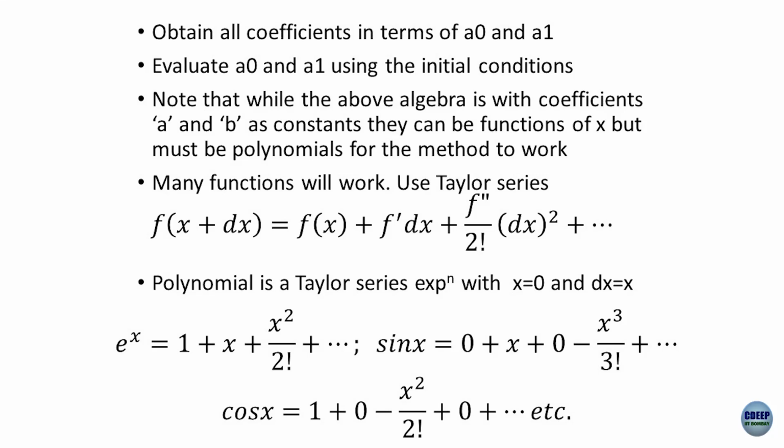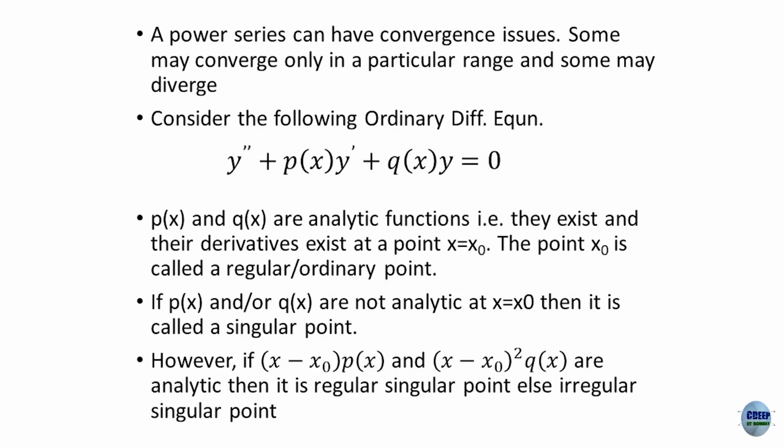And therefore, what we say is that if I have got now an ordinary differential equation which has got non-constant coefficients, then maybe I can go ahead and assume that a polynomial solution is going to work, and we'll say that p(x) and q(x) are polynomials or analytic functions.